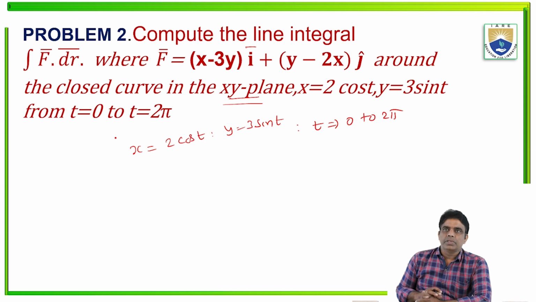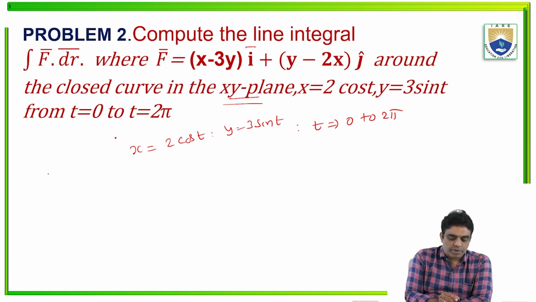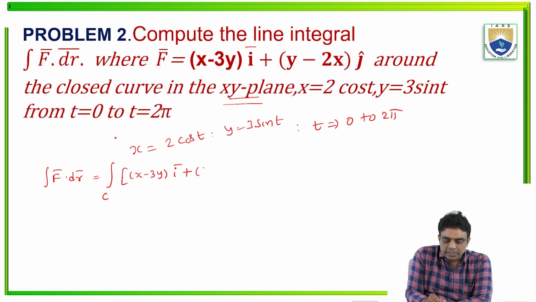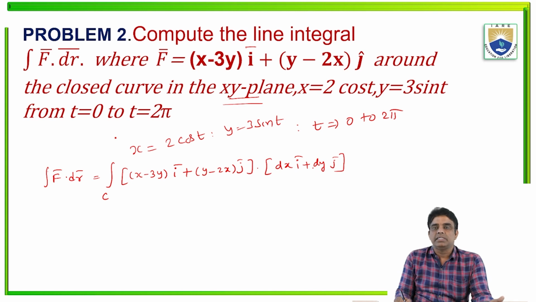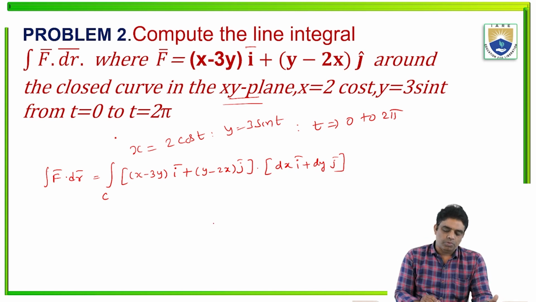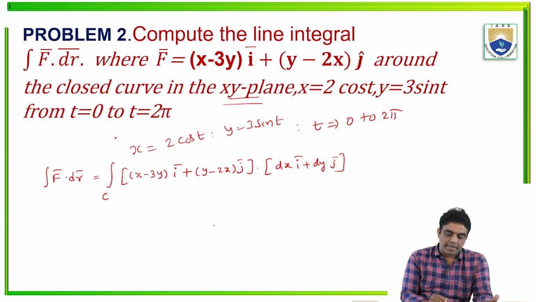Okay. So now what do we have to find? Integral f bar dot dr bar, as usual. So first write integral f bar dot dr bar. So integral over the curve C of f bar, which is x minus 3y into i bar plus y minus 2x into j bar, dot product with dx i bar plus dy j bar. The z term is 0 because the curve is defined in the xy plane only.